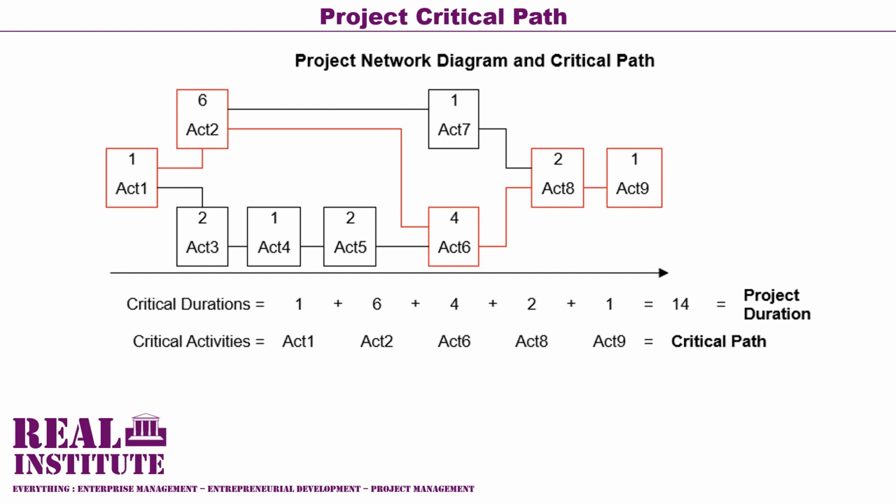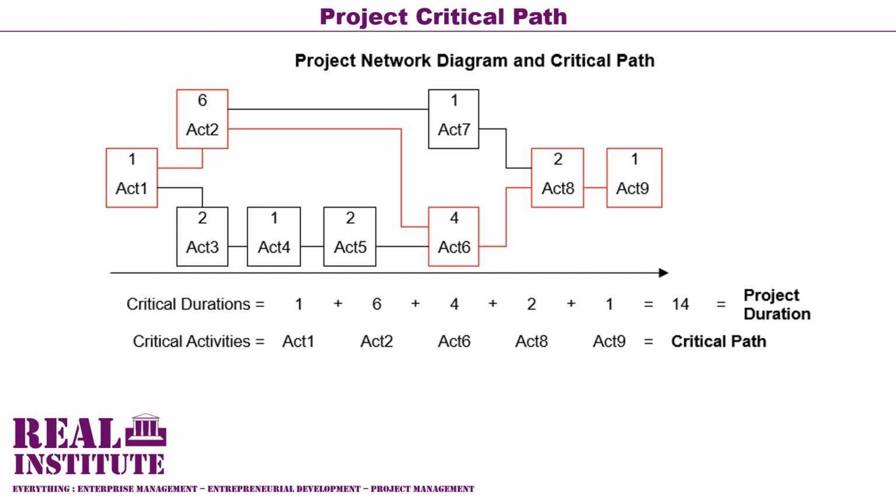That is, it is not feasible, not practicable, and not workable to start activity 6 after the activity 3, activity 4, activity 5 path. The project still has to wait for activity 2 to finish before it can start activity 6. Similarly for activity 8.